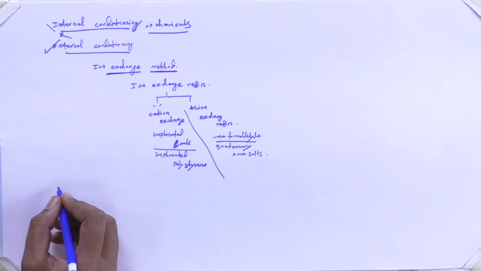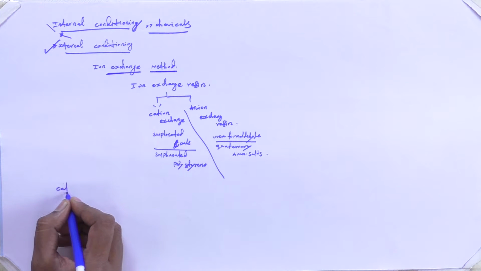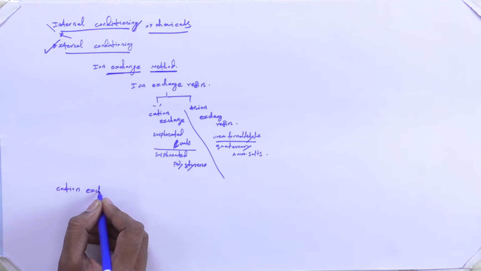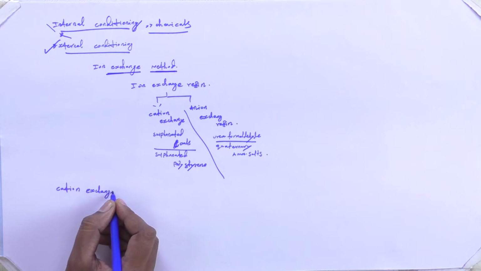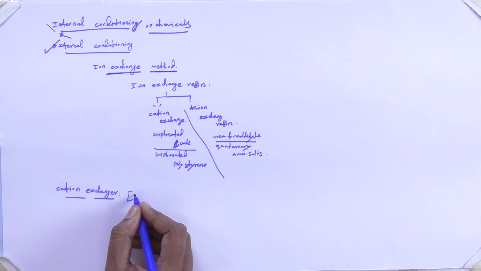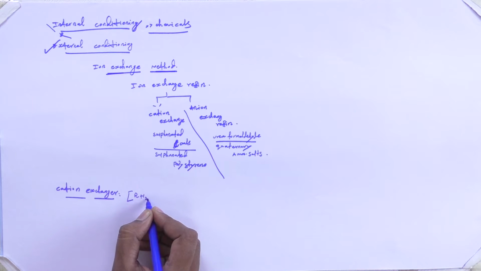First of all, the cation exchange resin. The cation exchanger is represented as RH2.